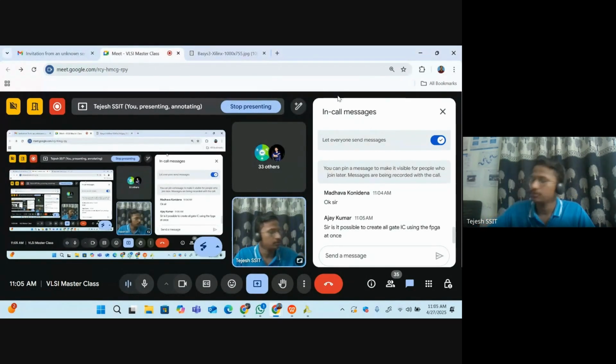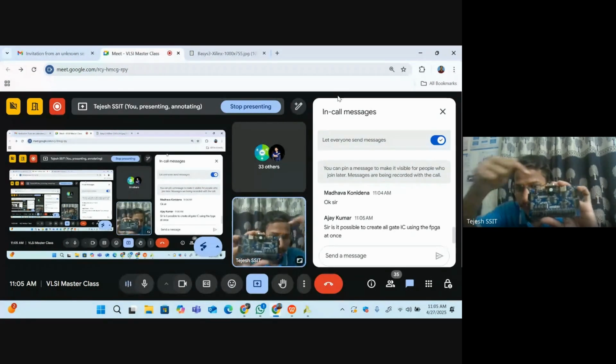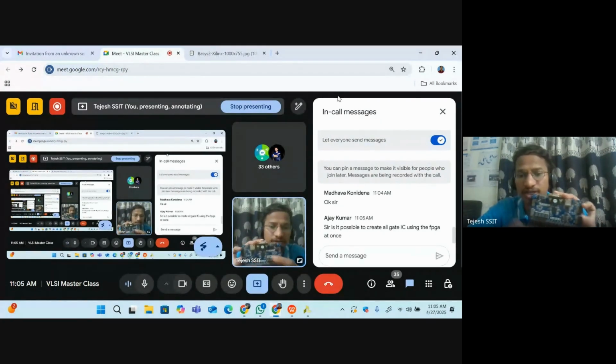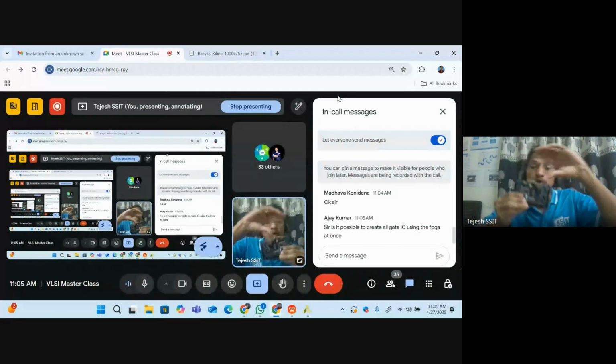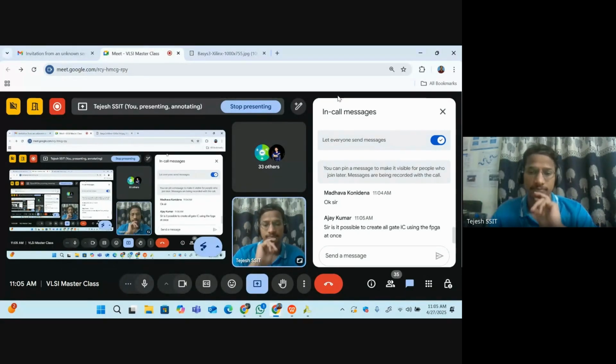See, Ajay Kumar, you can dump the AND gate code into the FPGA board. That is the hardware verification. If all works and is good, then it will move to chip fabrication, and the IC will be generated.